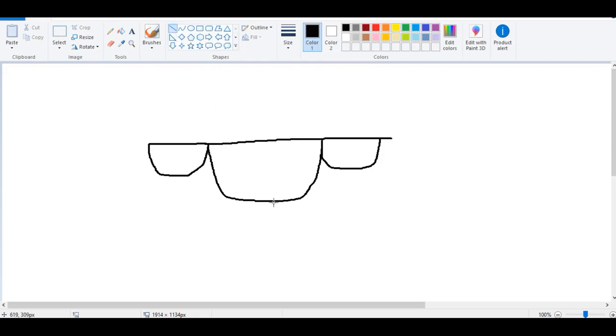Now, if I draw a line like this, can we say that we have an ascending triangle pattern, right? And if I were just to tilt this a bit upwards, then we would get a rising wedge, right?